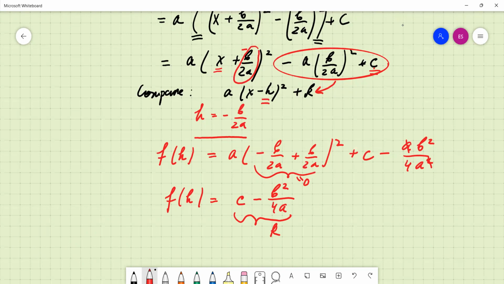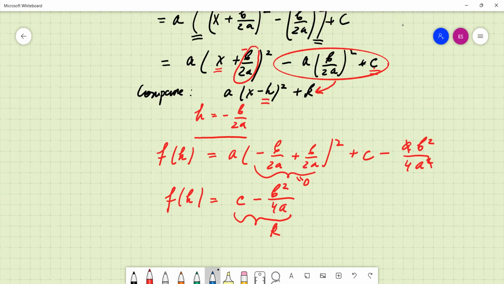Do you need to calculate this k and memorize a big formula for it, c minus a multiplied by (b over 2a) squared? No, actually, you can always use your ready parabola and plug in your calculated h to find this k. So you don't need to memorize this formula.